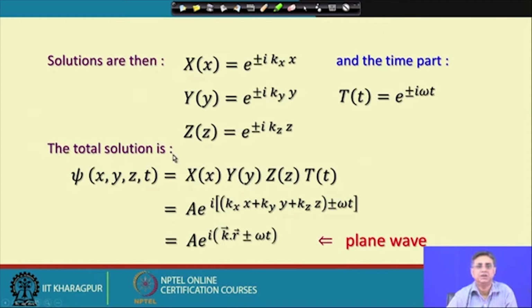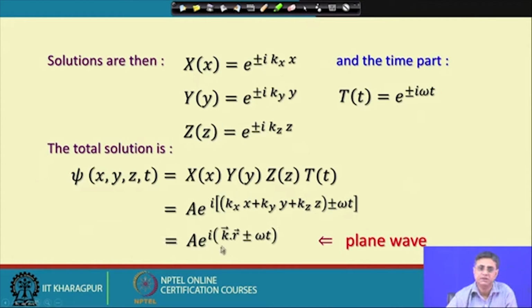So, the total solution is, now we have started from this equation, so I put them back, I get that A is a constant, and then you multiply these three quantities which will appear in this form, and this is the plane wave solution.